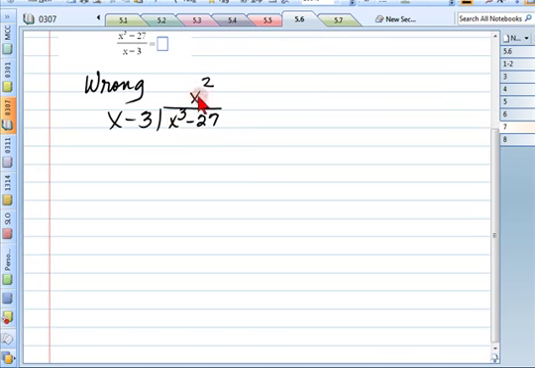X to the second. X to the second times x gives me x to the third. X to the second times negative 3 gives you negative 3x to the second. Do you see an issue? Look right here. Those are not like terms, are they? My x squared term is sitting underneath my constant term, and that's a problem. That's wrong. That will give you a headache.